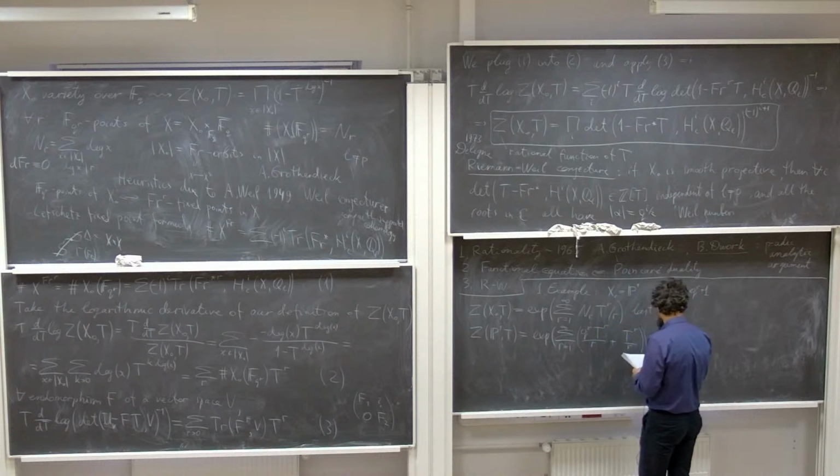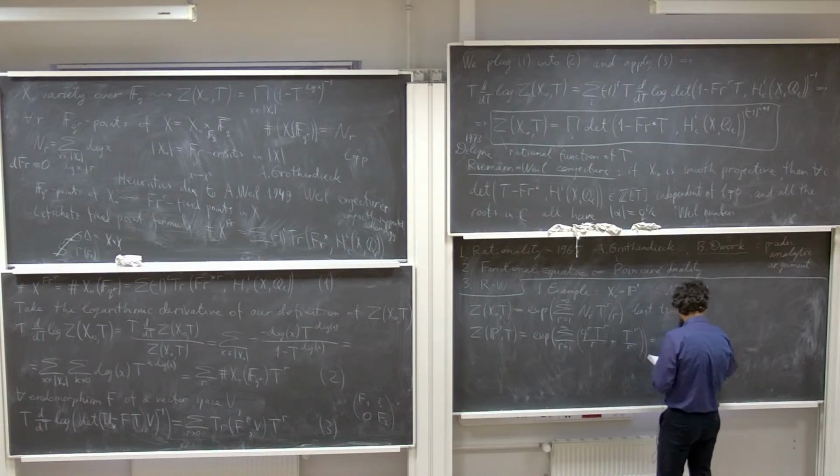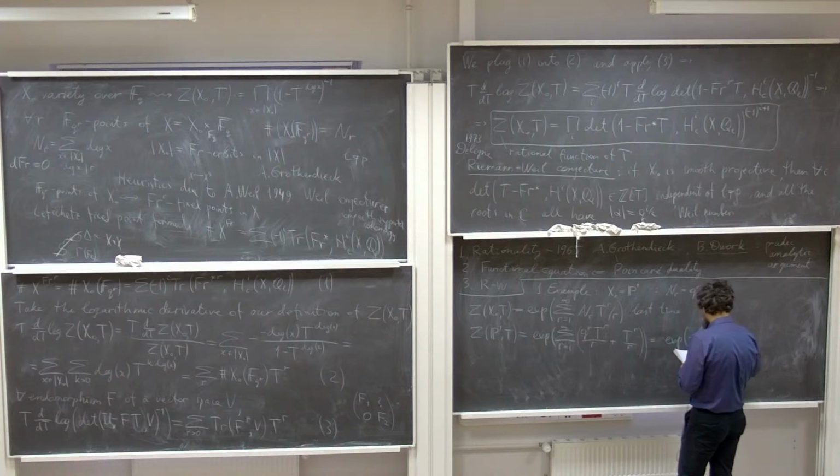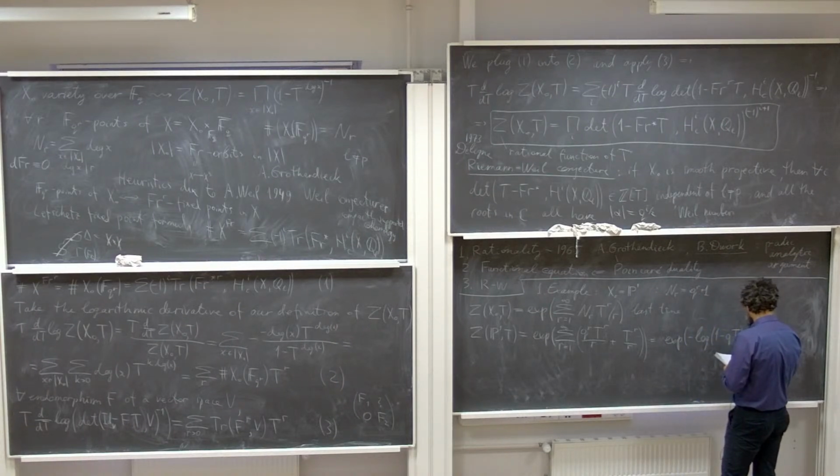Okay, and this is the exponential of negative logarithm of 1 minus qt minus logarithm of 1 minus t.